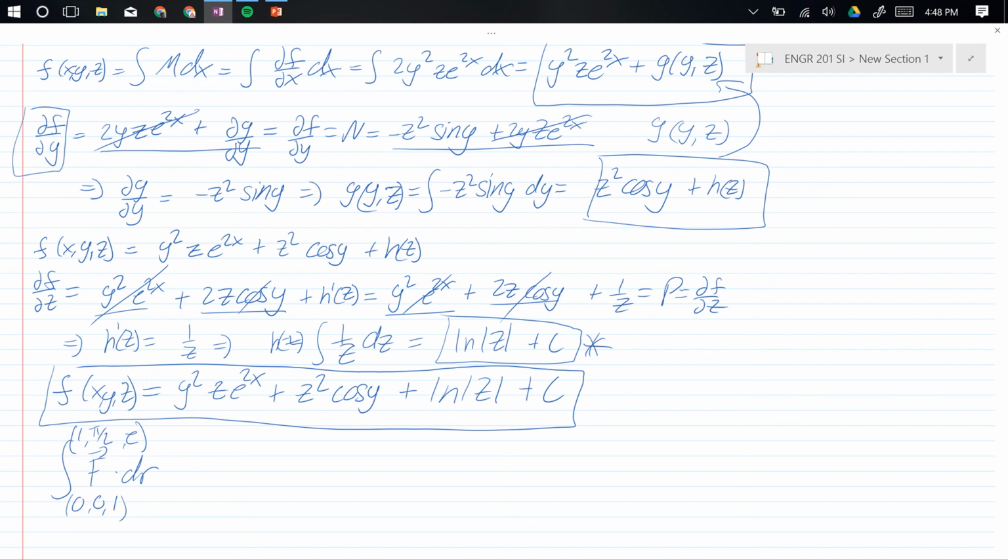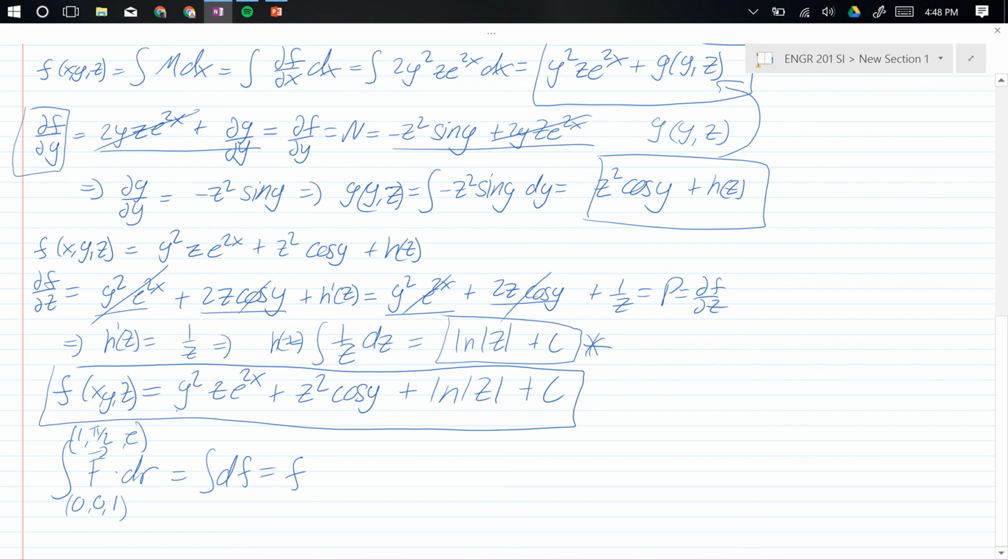And for this F of x, y, z, since we said that this is equal to the integral of df, which is equal to f, we are able to just plug these limits straight in.